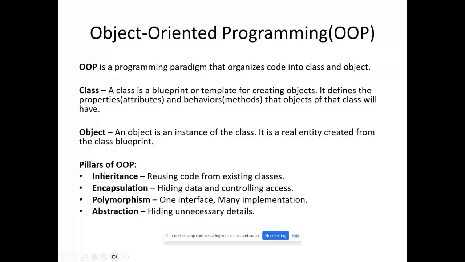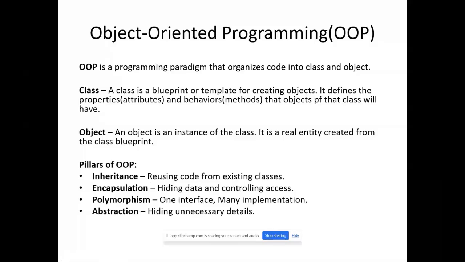So the first pillar of OOPS is inheritance. Inheritance is a mechanism where we can reuse code from an existing class. A class is there, and it has some properties, and I am creating one more class. That class also has the same properties as the existing class, but along with those, it has some extra properties.